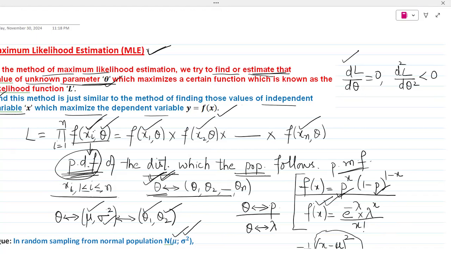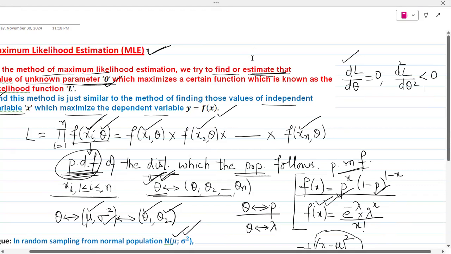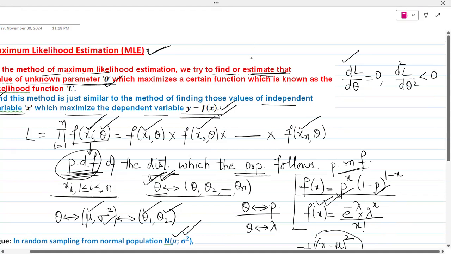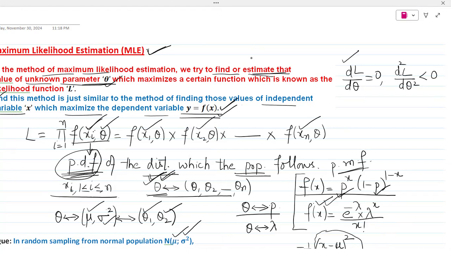Why so? From your previous knowledge of maxima and minima, when you were finding the minimum and maximum values of a function y equal to f(x), you were using two expressions. One was d by dx of f(x) equal to 0, and the second was that the double derivative of f(x) should be negative.